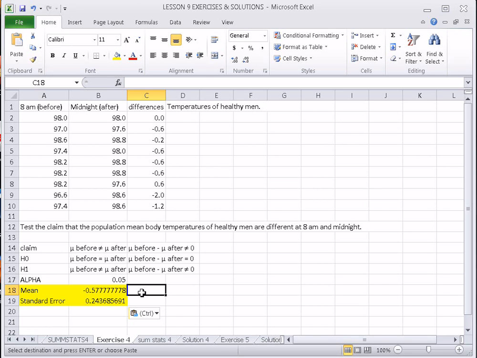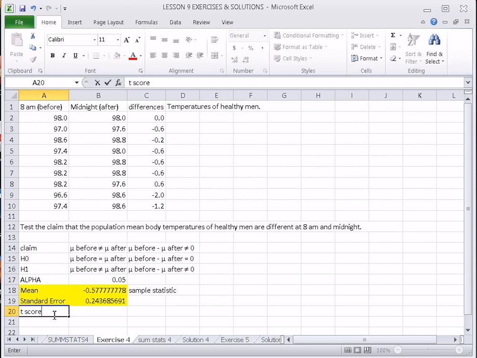So again, we see the mean is negative, though very small, and you want to know, is that difference significant? And then we have the standard error. This is our sample statistic: the mean difference and the standard error. So remember, when we're working with means, we need to find a t-score.